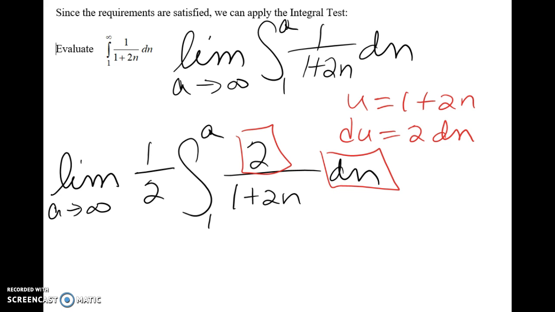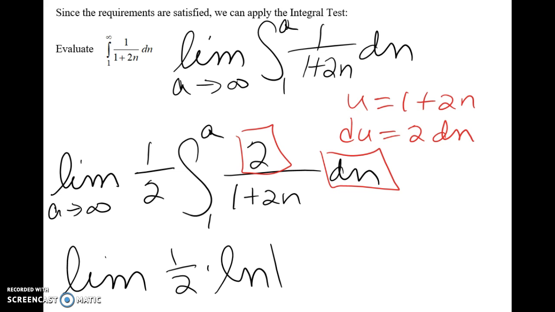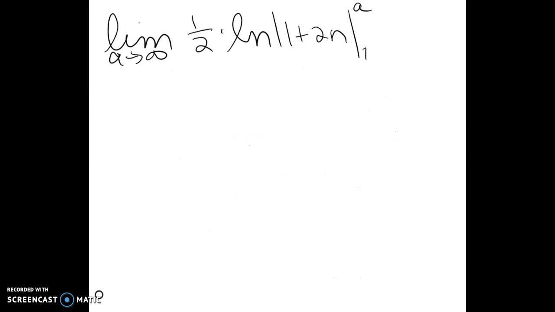This would be the limit of 1/2 times the natural log of the absolute value of 1 plus 2n. This is not a plus c, it's a definite integral, and we're going to evaluate this as a approaches infinity from 1 to a. Now we're going to evaluate f of a minus f of 1.